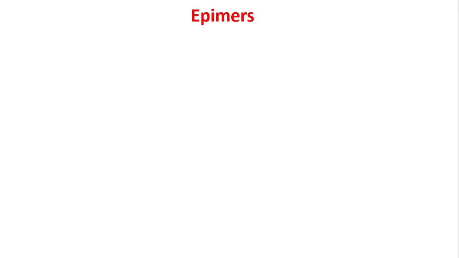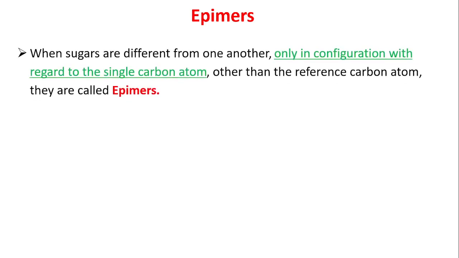A very good example of an epimer of glucose is mannose. Another example of an epimer of glucose is galactose. Now, these epimers are just isomers which only have a difference at a single carbon.